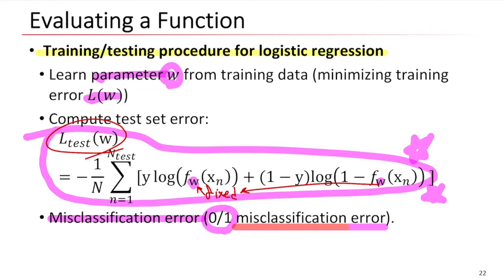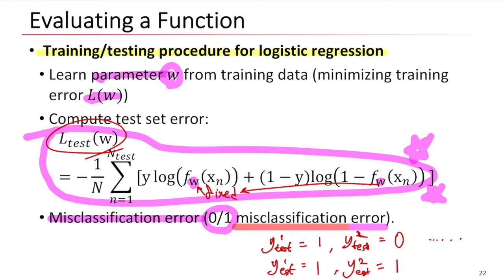Let's say the estimated value of sample 1 is 1, so this sample has a good prediction.